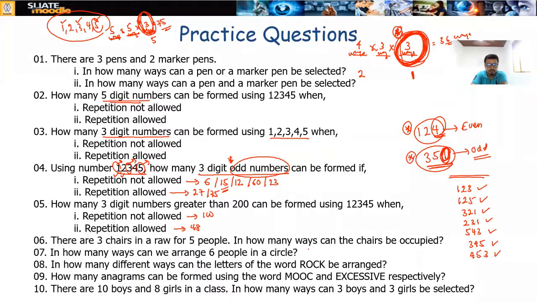So I'm writing the answers you are giving here, right? Yes.